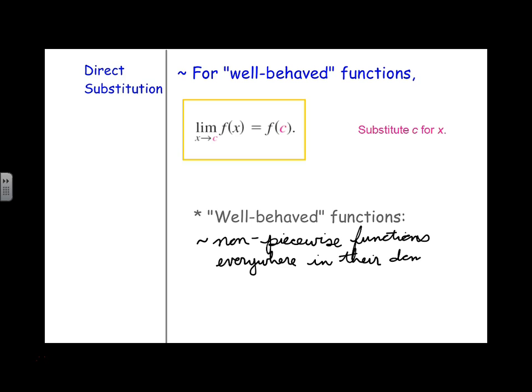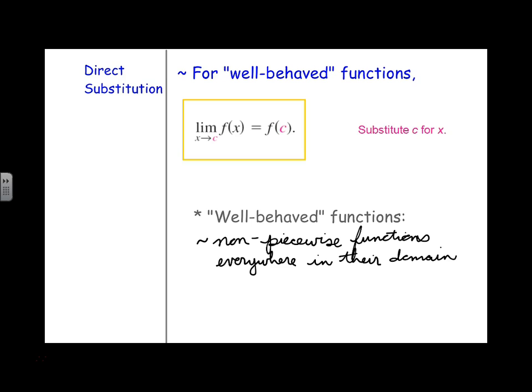And that includes everybody. That includes square root functions and rational functions, which have denominators. That includes logarithmic and exponential. That includes polynomials. Non-piecewise functions are well-behaved everywhere where they exist, everywhere in their domain.